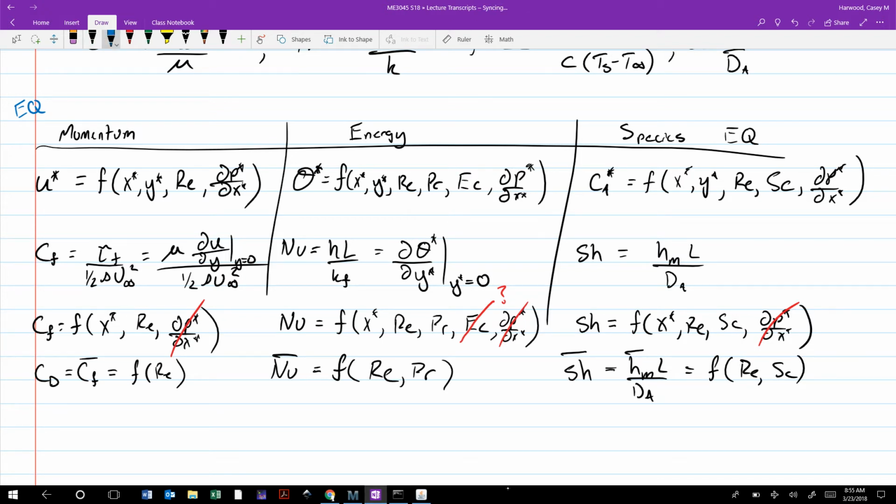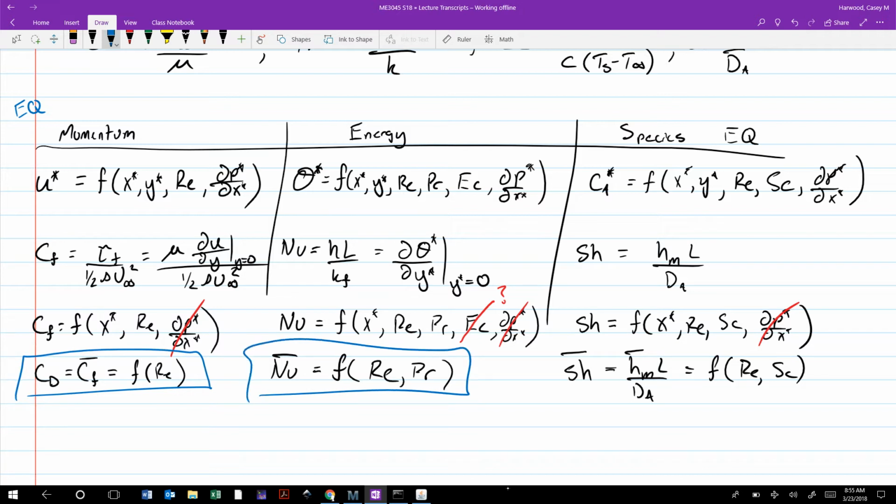So these are the things that you want to know, and these are the things that we're going to keep coming back to. But now, hopefully, you're starting to see why this is a useful way to write the behavior of our convection coefficient. If it's really hard to solve the problem directly, then this sort of assumption means that, just like in fluids, we basically boil down the number of parameters of interest from 8 or 9 to 2.